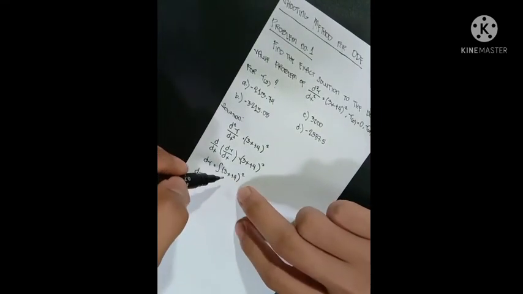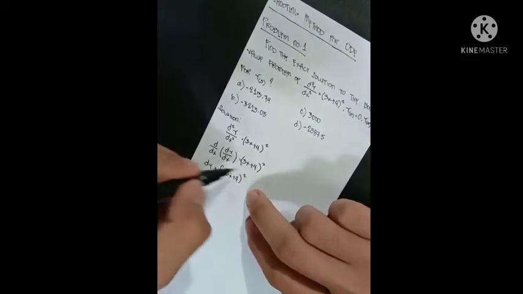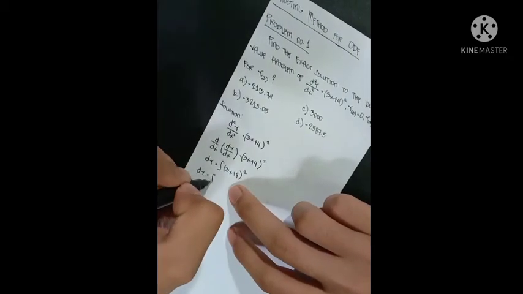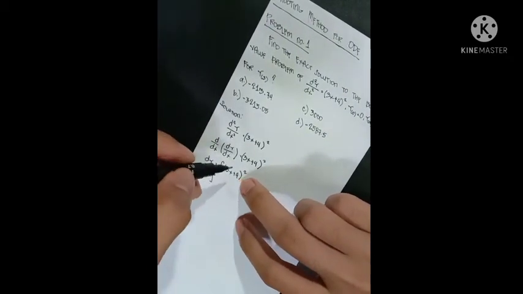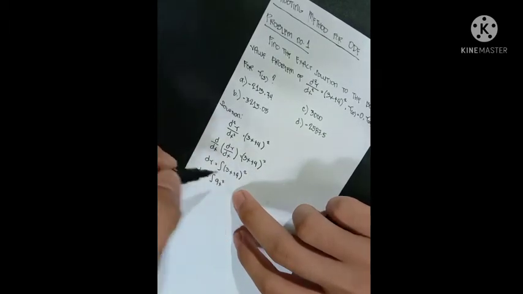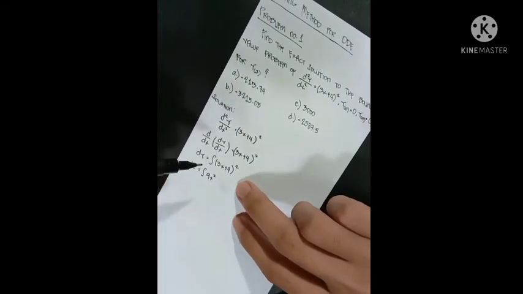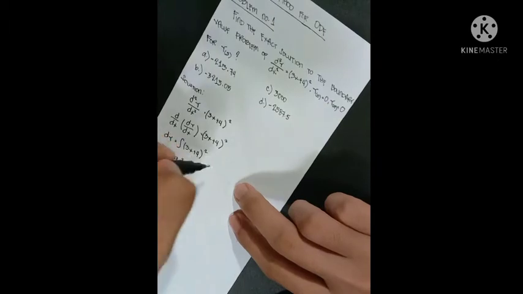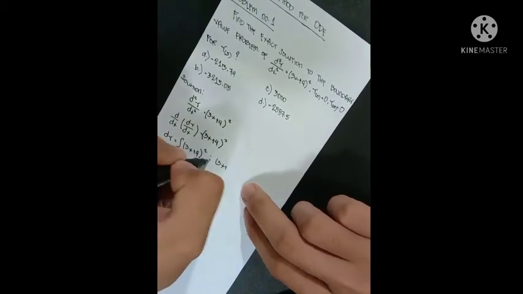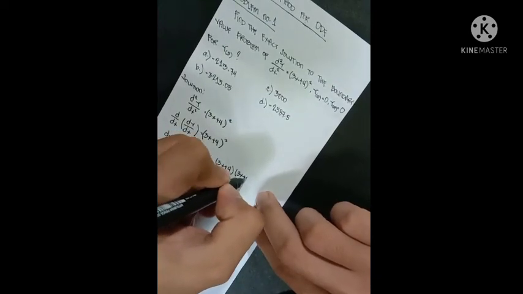We need to find the value of (3x + 4) squared, so we multiply (3x + 4) and (3x + 4).